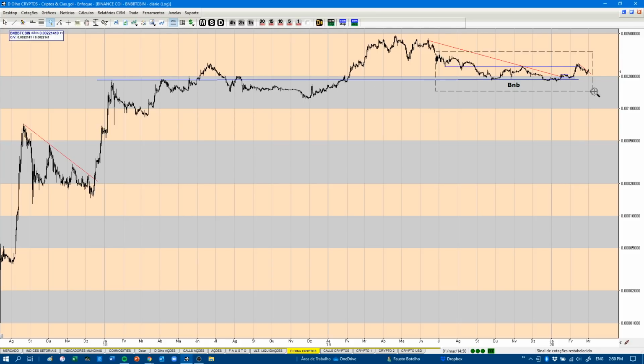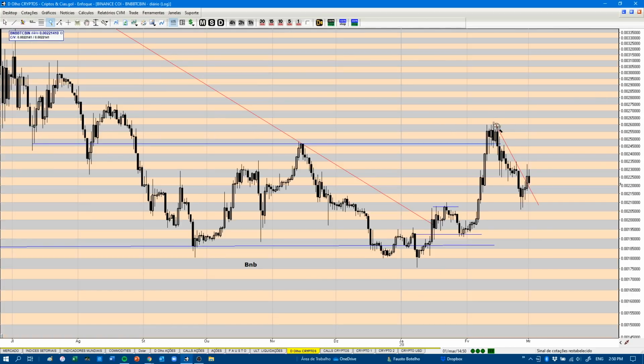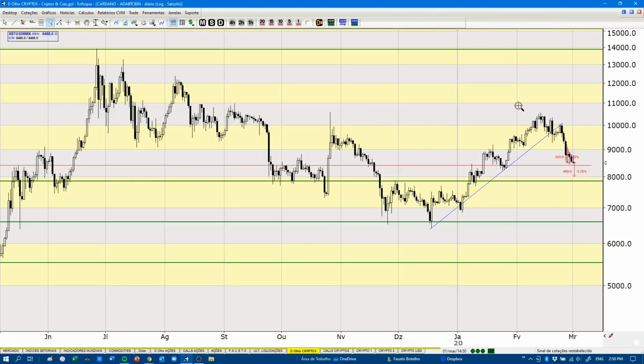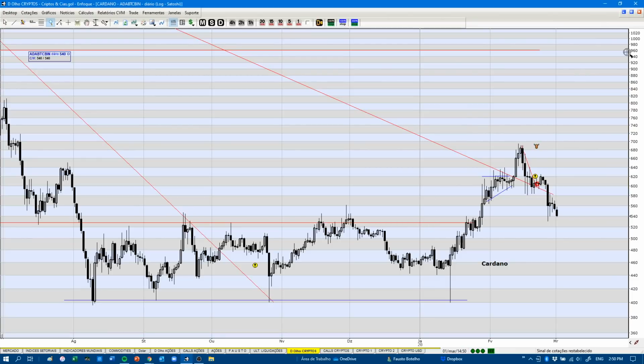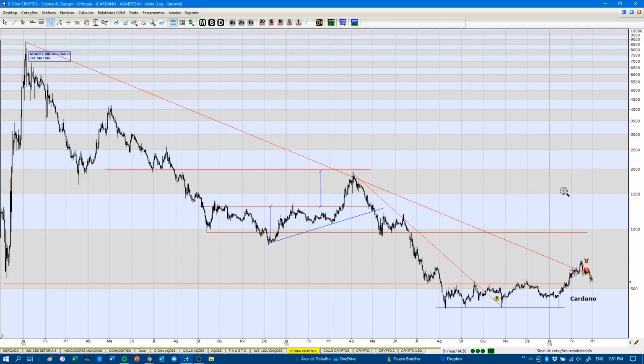Let's wait and see. Of course, if it breaks back above this resistance that has been tested and produced a bull trap, then the market starts being bullish again, and I will be bullish again. So I'm taking this out of our observation panel. Going to the next one, Cardano, I'm taking out of our observation panel.